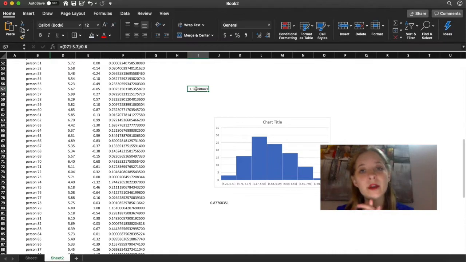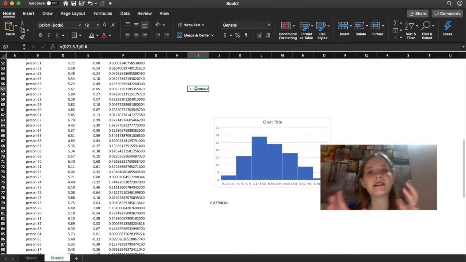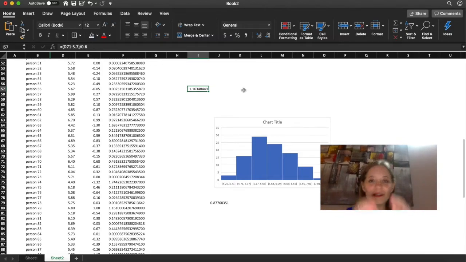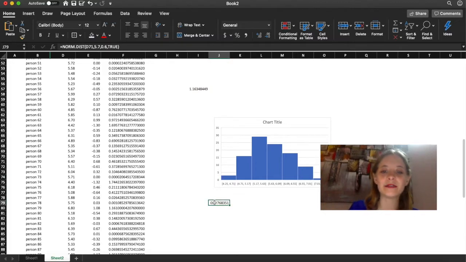And we look up that number inside of something that's called a Z-table. And we find the probability of seeing someone with that value in a normal distribution. So it would give us the same answer as this one.